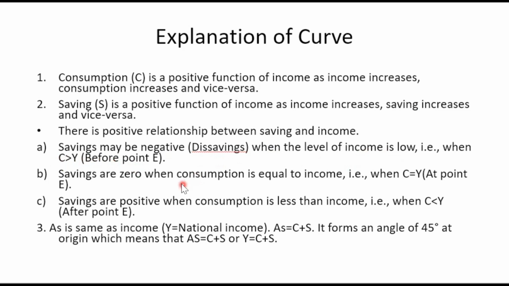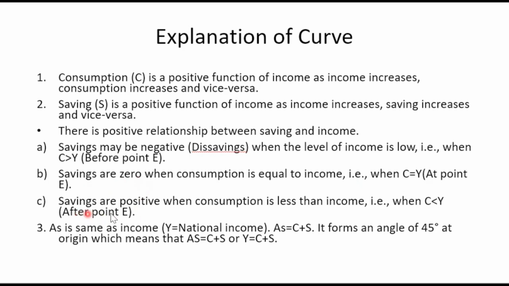Second, when consumption is equal to income, C is equal to Y. At what point? At point E, that was 100, isn't it? Rupees 100 income was equal to rupees 100 consumption. So the saving was 0.